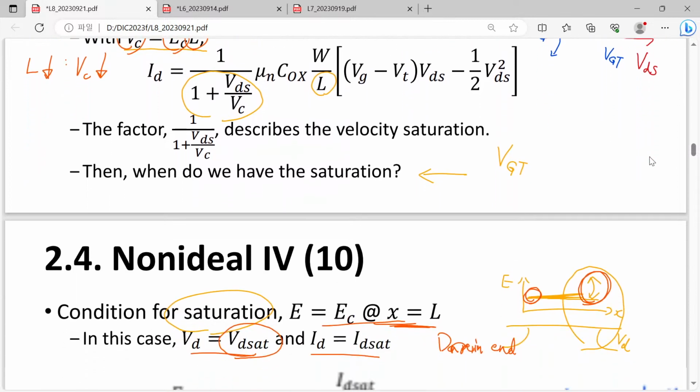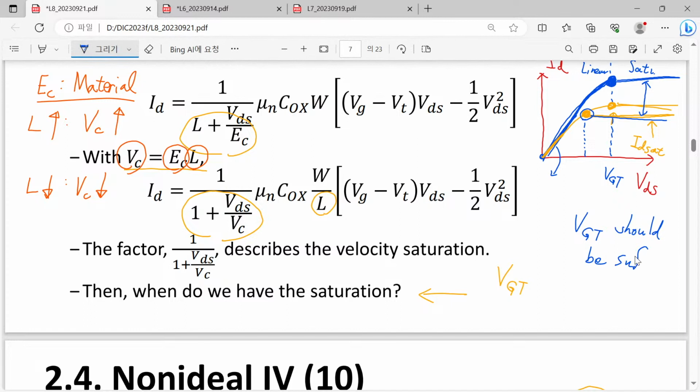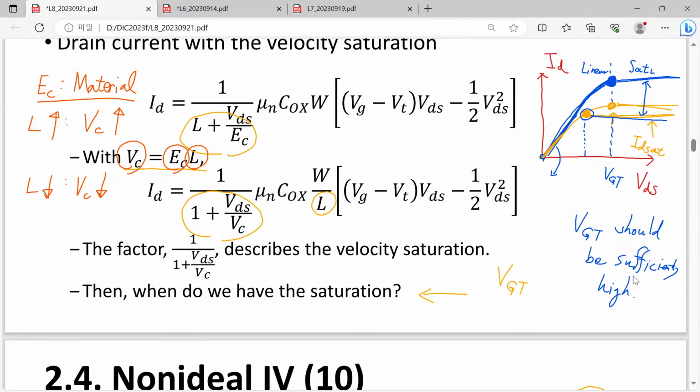In order to observe this kind of behavior, your gate overdrive voltage should be sufficiently high.